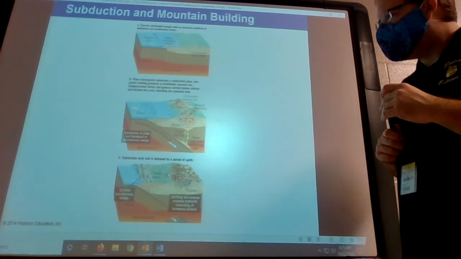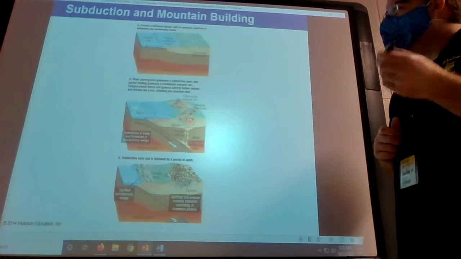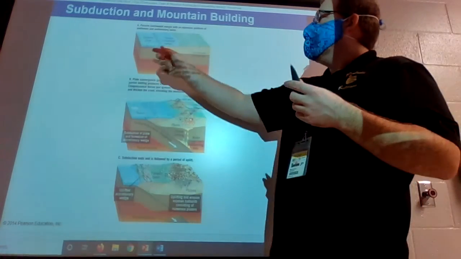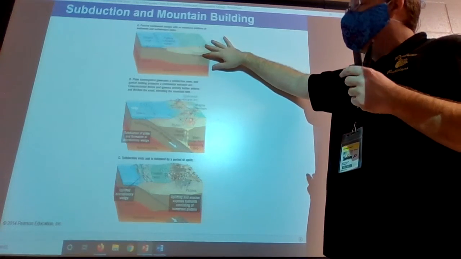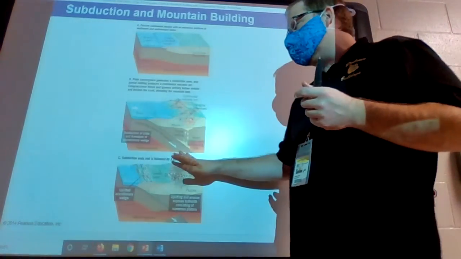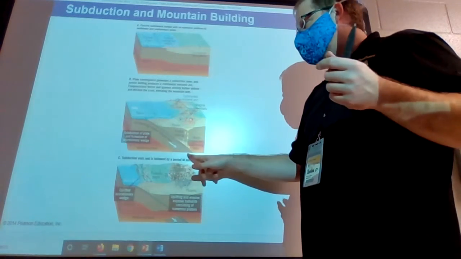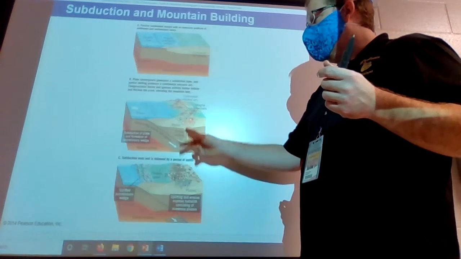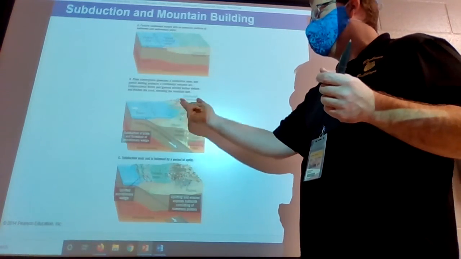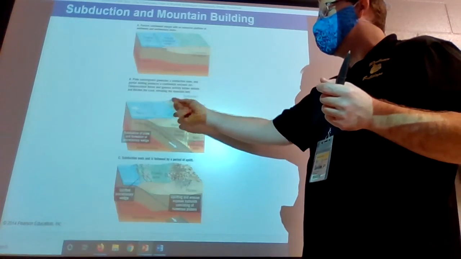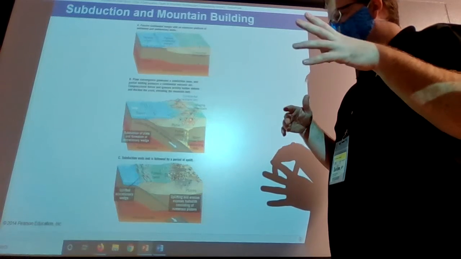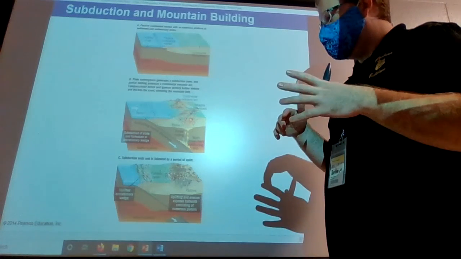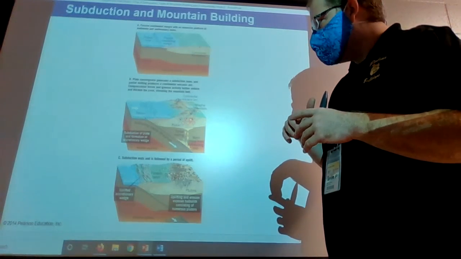So here's an example, not really with the islands, but you can see you have a passive margin, not really any mountain building going on. You start to subduct oceanic plate. As the oceanic plate subducts, you get volcanoes that come up and you start to build your mountains. This would be like your Cascade Mountains up in Washington, Oregon, the western end of Canada.